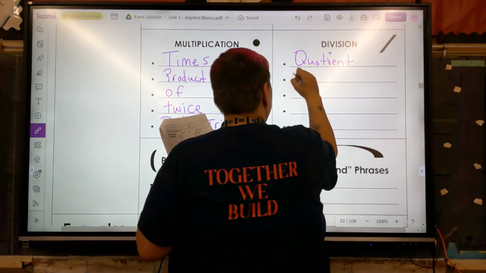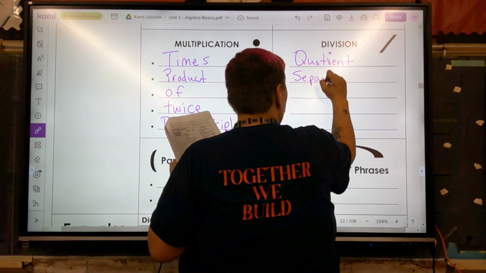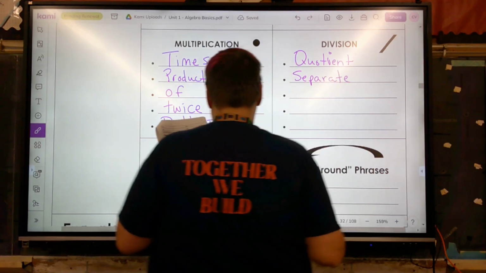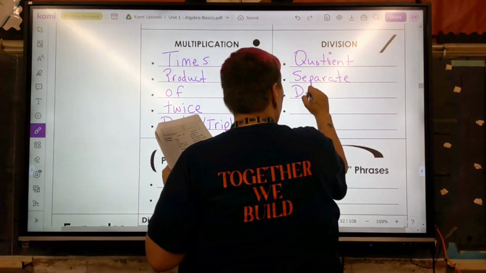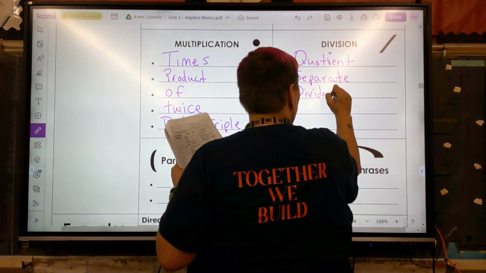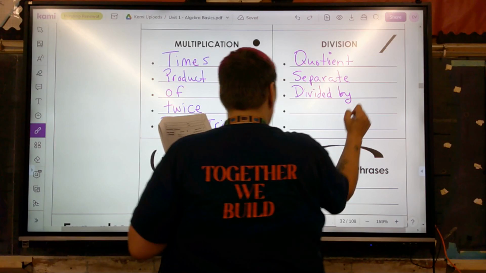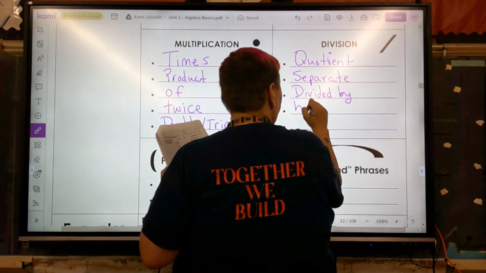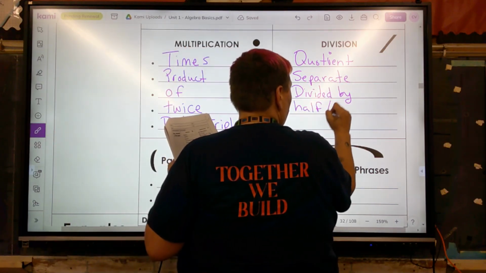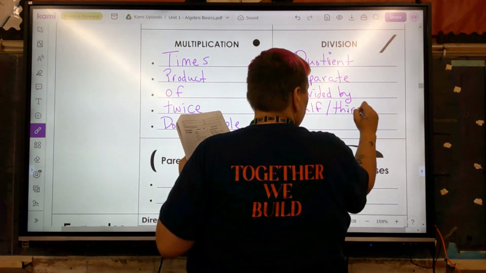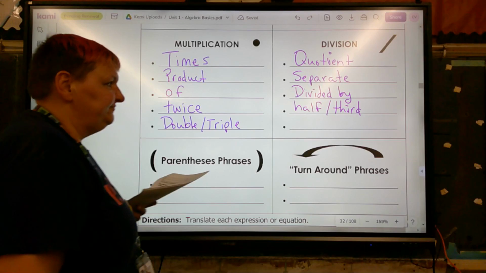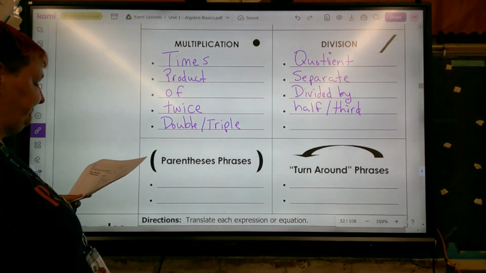Alright, and for division, we have quotient. We have separate, or separates. We have divided by. And we have half, like what's half of 12, or third, like what's a third of 12, right?